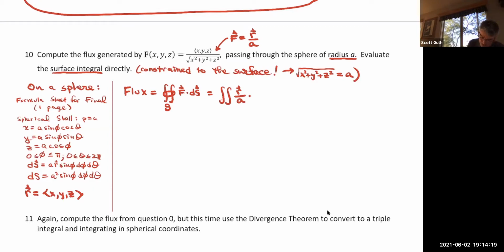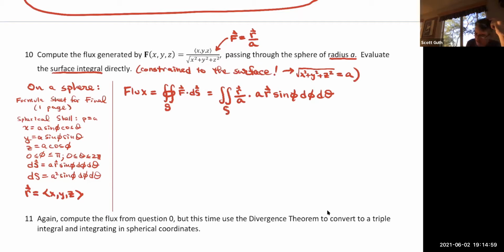And then you're dotting this with dS, and dS, the vector, is this one down here. So you can say this is dotted with the scalar a times the radius, sine phi d phi d theta, and the a's cancel, and it's still over the surface.